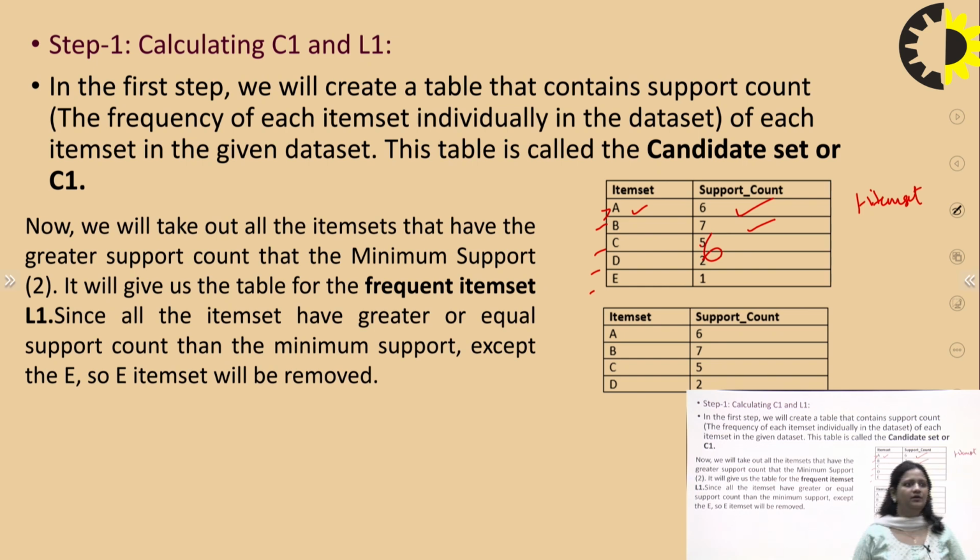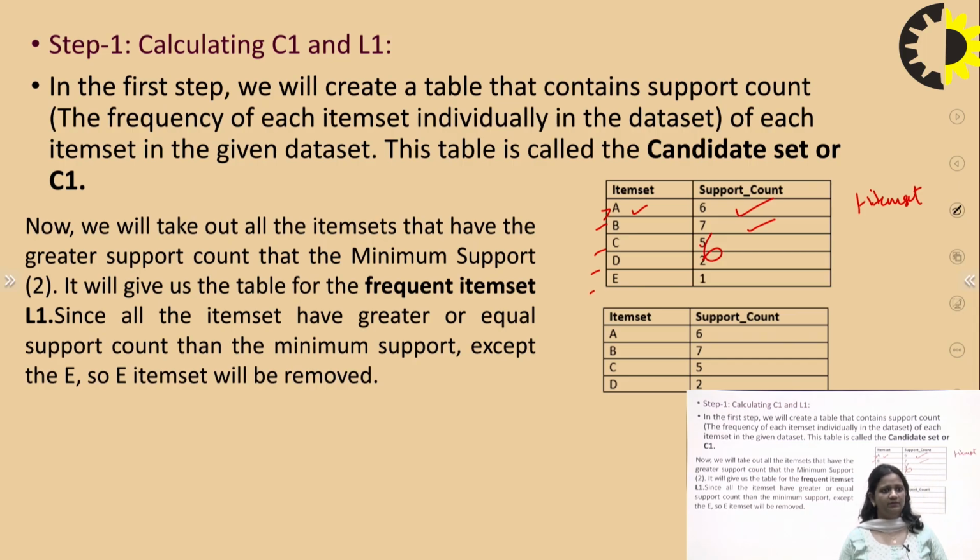Now the next step. We take out the item sets that have a support count greater than or equal to the minimum support of 2. In the question, the minimum support count given is 2. So the items which have less than the minimum support count of 2 we prune in this step.